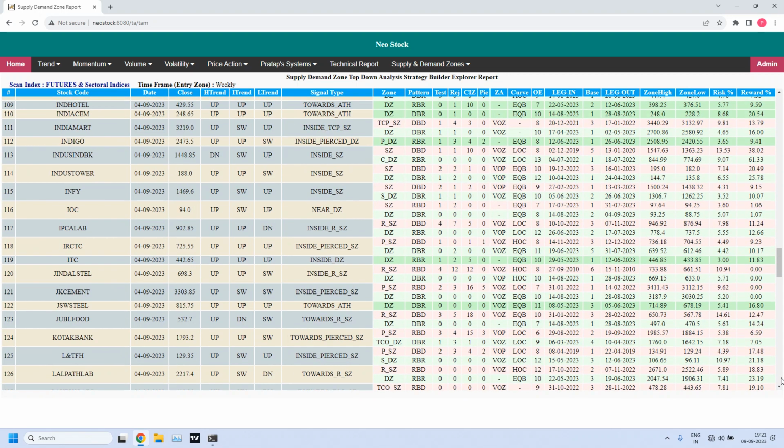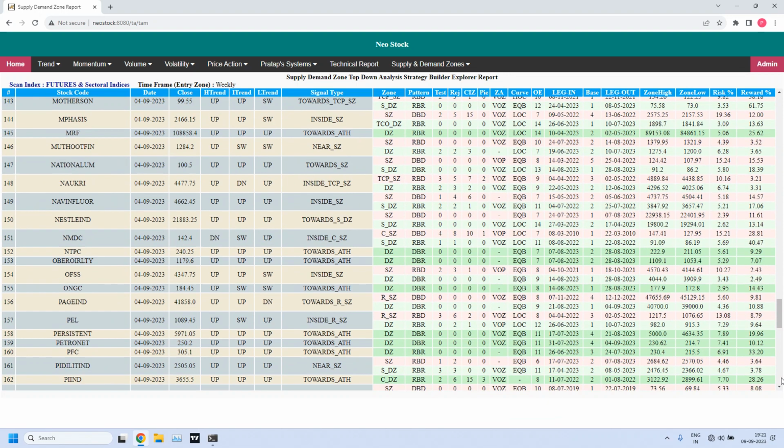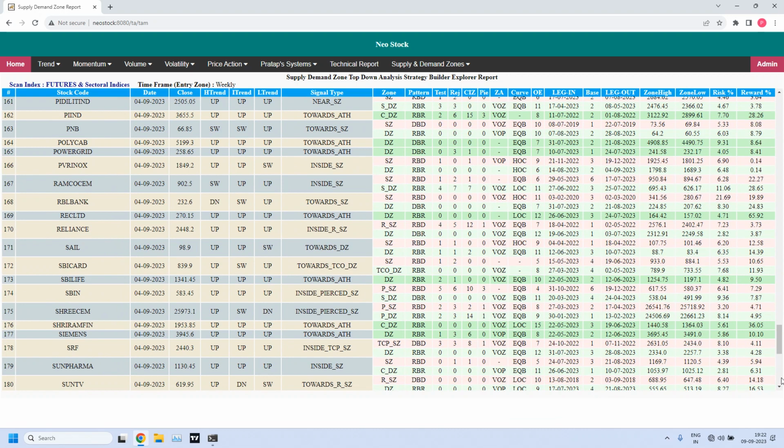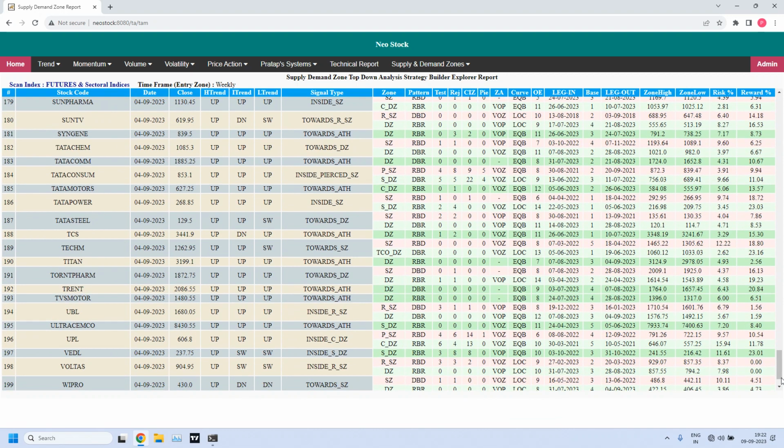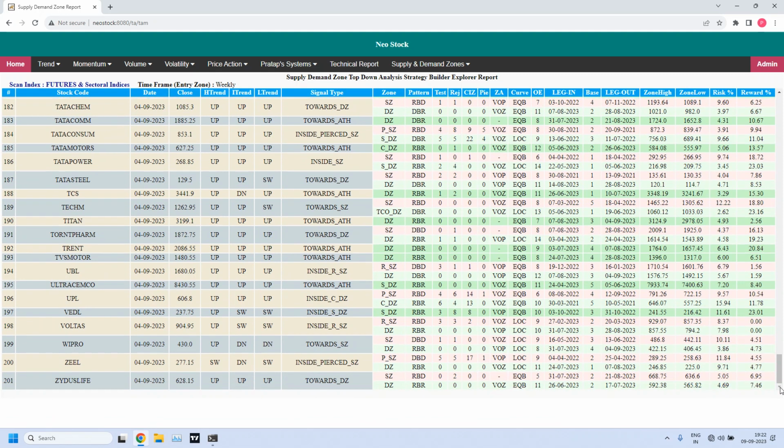The next list. And the final list of the stocks.